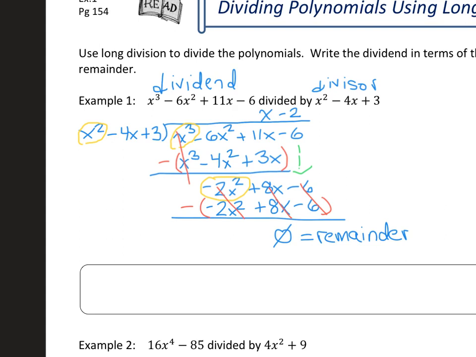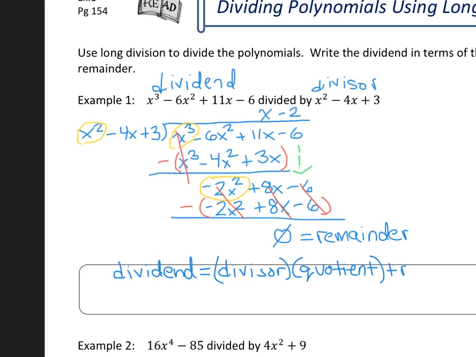I'm going to actually write this down as a reminder. The dividend equals the divisor times the quotient plus the remainder. I have to move over here.